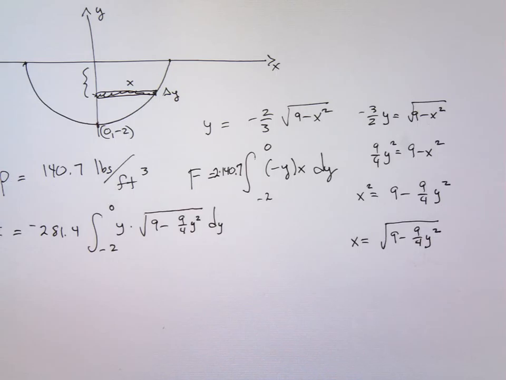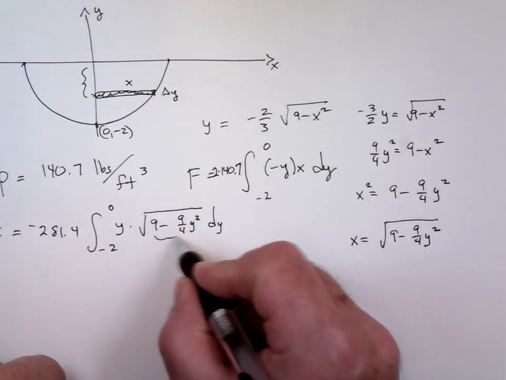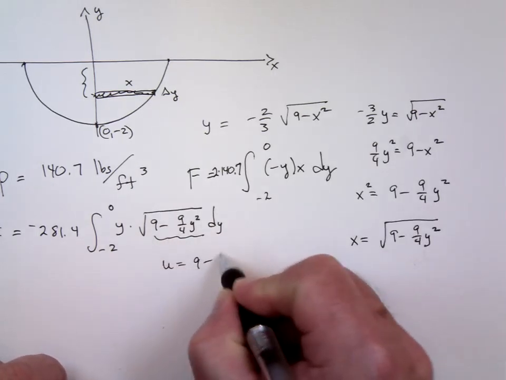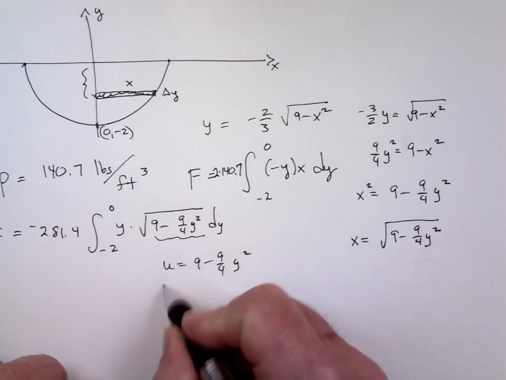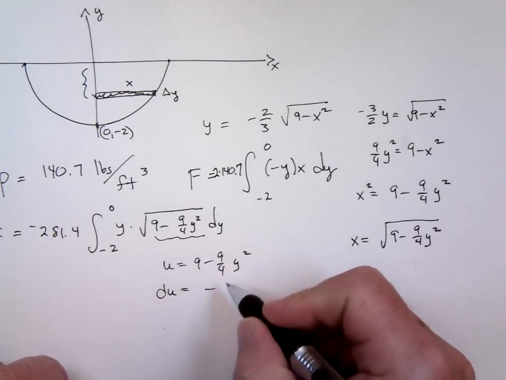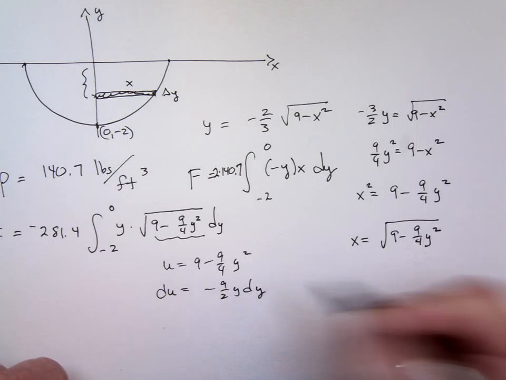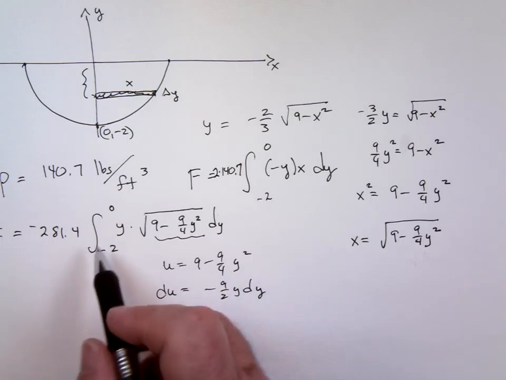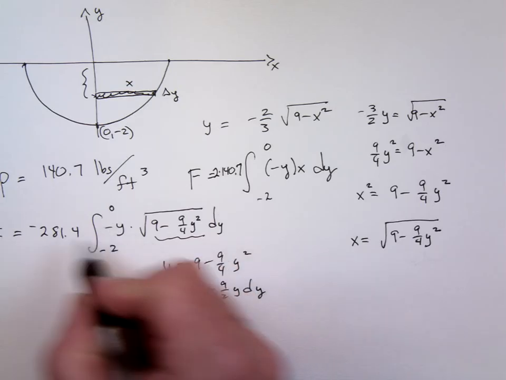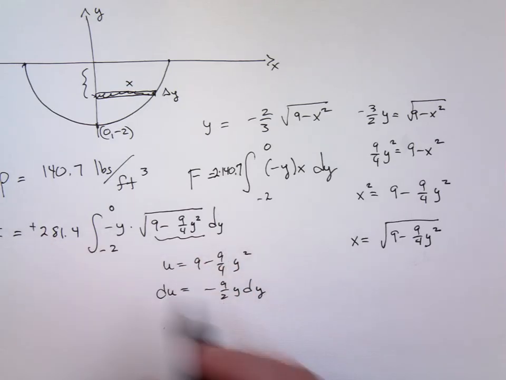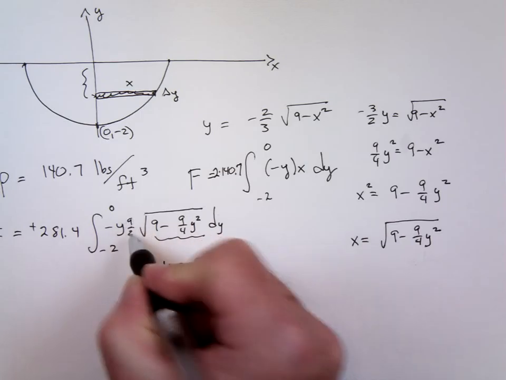Now let's do it. How do you do that integral? What form is it? U to the n is exactly what it is. The u is equal to 9 minus 9/4 y squared. The du part would be a negative 9 halves y dy. That's okay, I'm going to multiply by a negative 1 here and here. I have to multiply by a 9 halves and a 2/9.